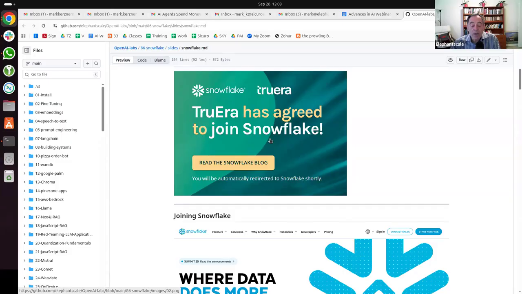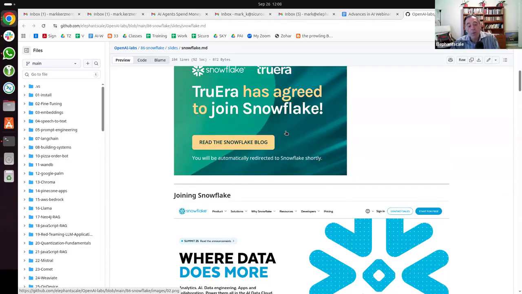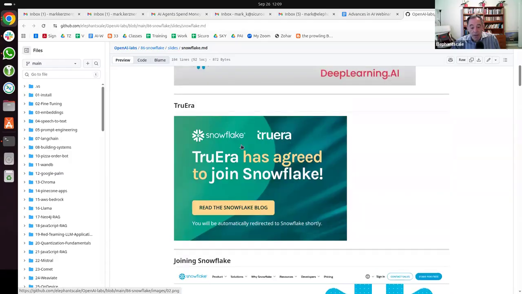Okay, so really that piqued my curiosity, and I did a little research before we go into the technology and what it really does. As it turned out, yes, TruEra is a big open source player, and what they want to say is that we'll help you build agents.